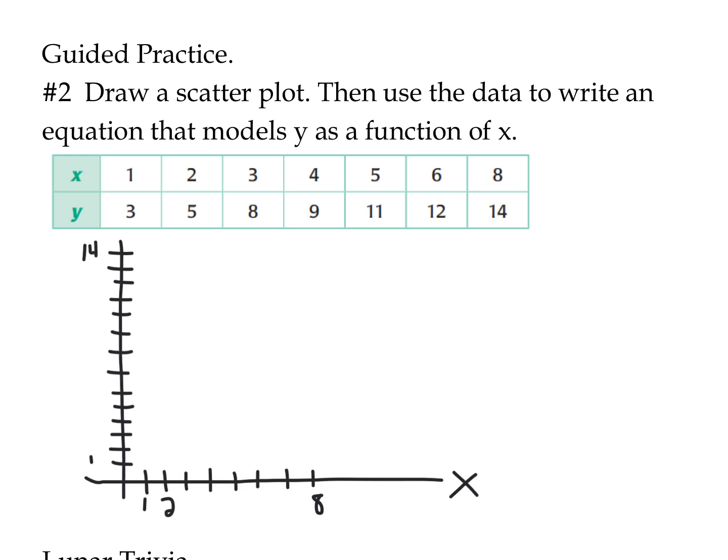All right, so now we want to graph those points. So I can plot the points (1, 3), (2, 5), (3, 8). We can make sure we know where our points are as we're graphing our scale on our axes.